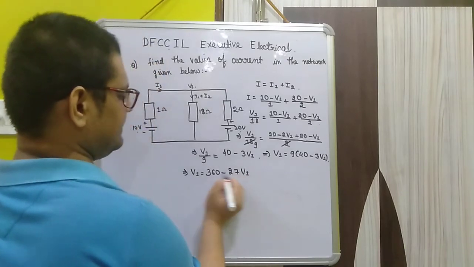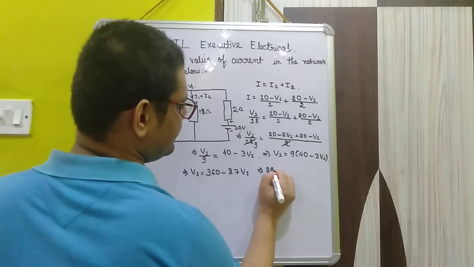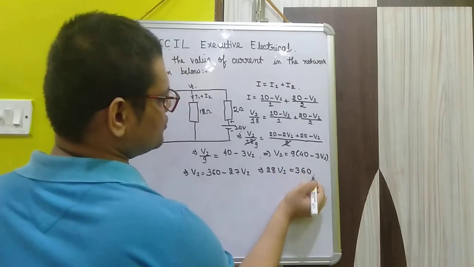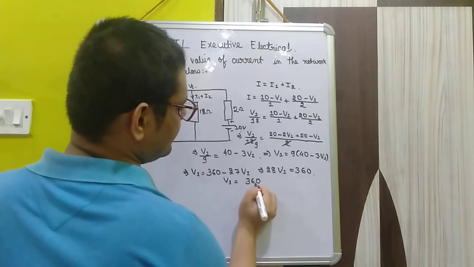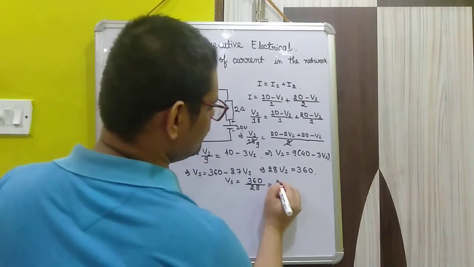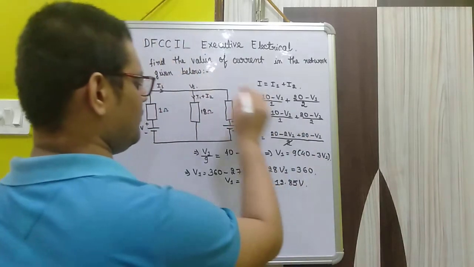We take this 27 V1 over here and it will be added. So 28 V1 is equal to 360. We take out the value of V1, that is 360 divided by 28. If we divide 360 by 28, it will be 12.85 volt.